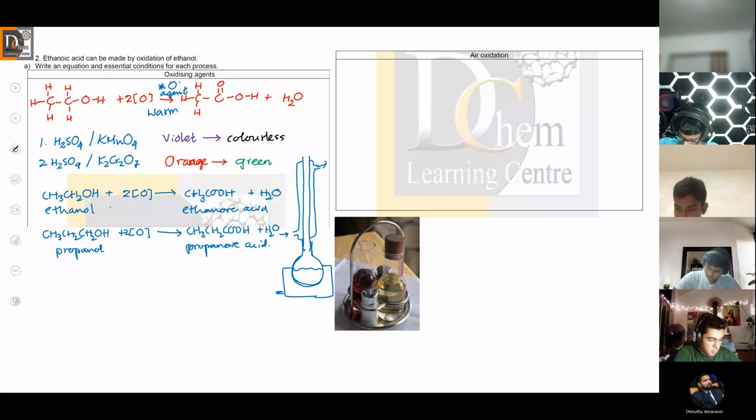Some alcohols can be oxidized to the respective carboxylic acids by heating them with an oxidizing agent.